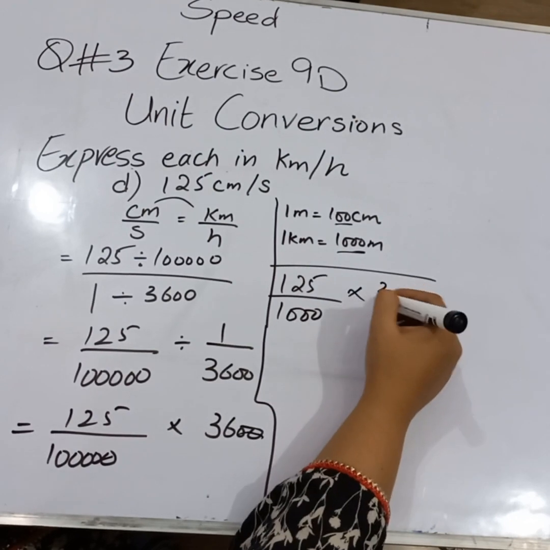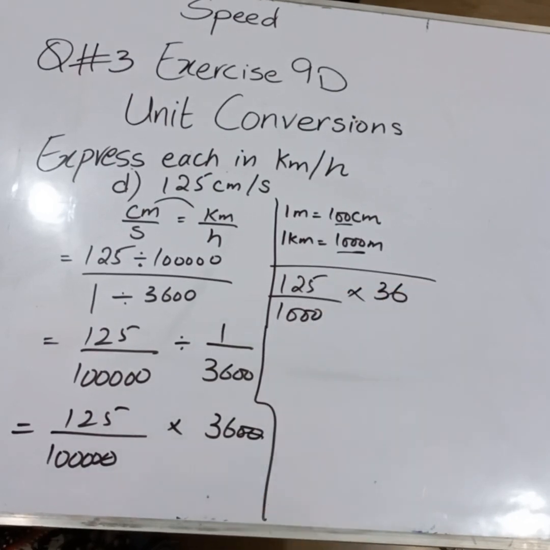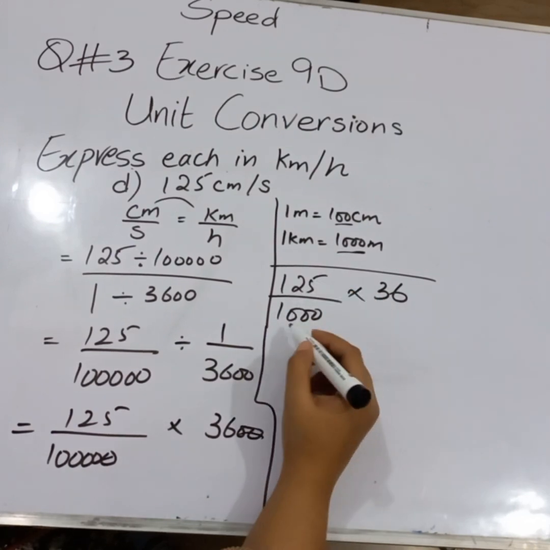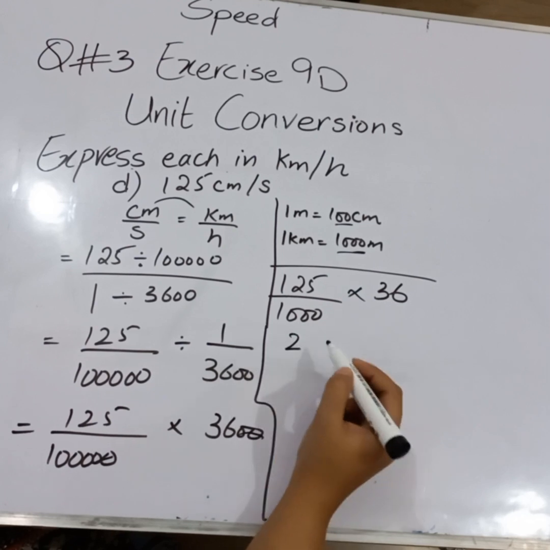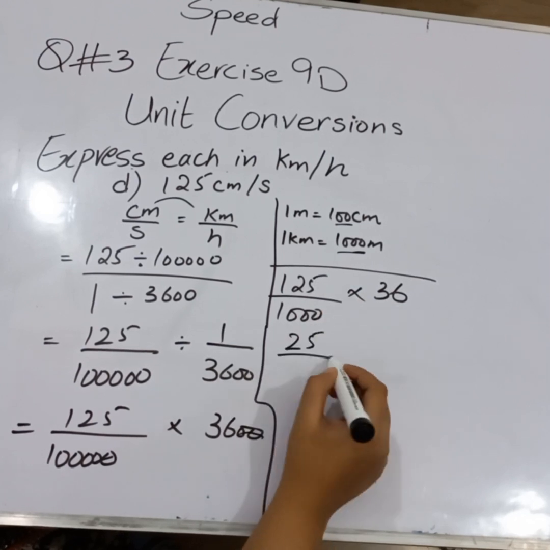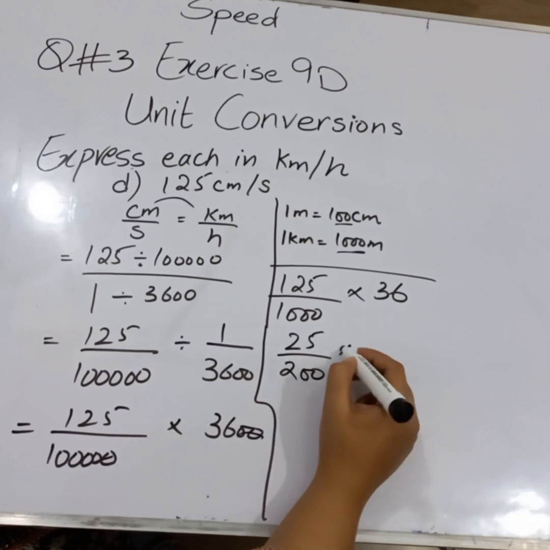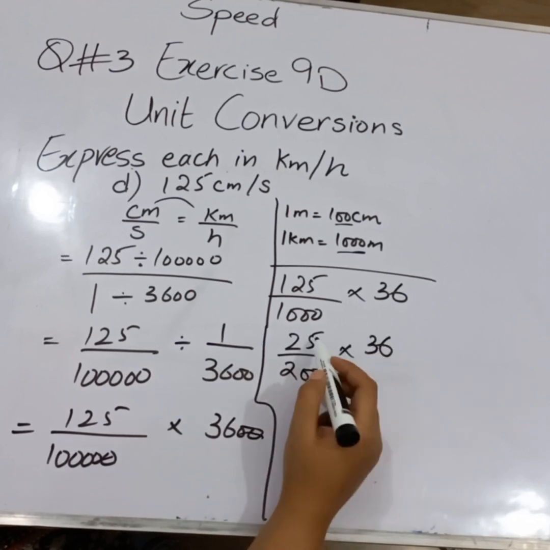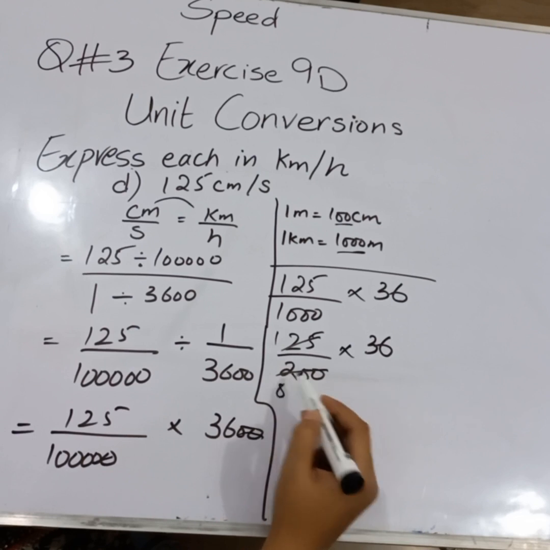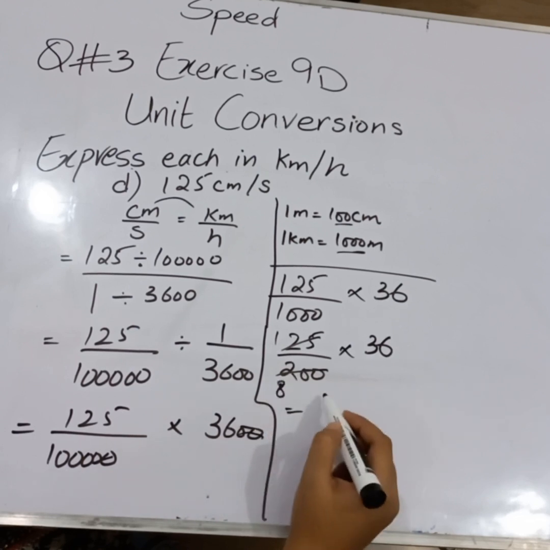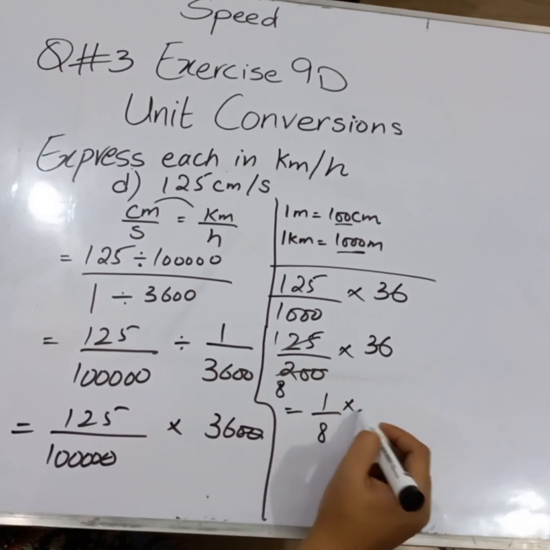So 125 and 1000, when you cut both the numbers on the table of 5, you will get 5 2s are 10 and 5 5s are 25, and here 5 2s are 10 and 0 0, multiplied by 36. Then you will cut these, 25 1s are 25, 25 8s are 200. So you will get 1 by 8 multiplied by 36.